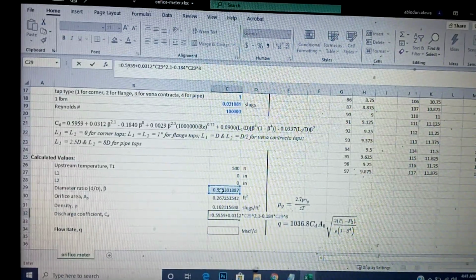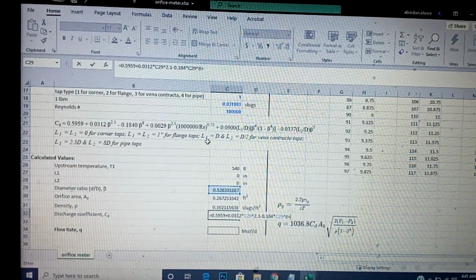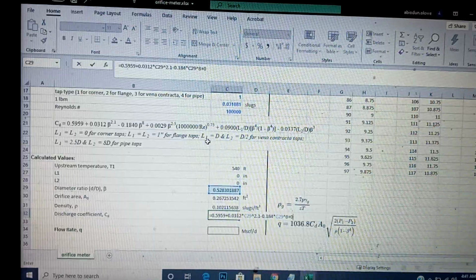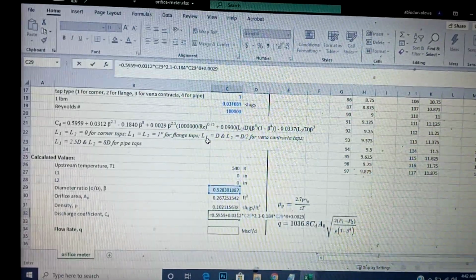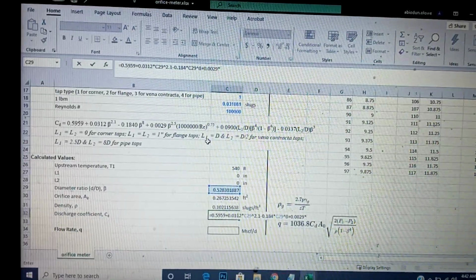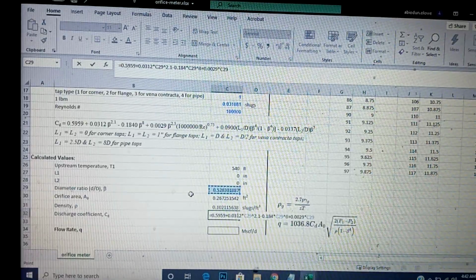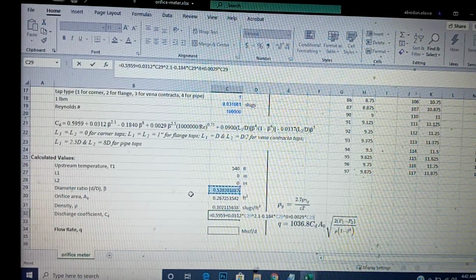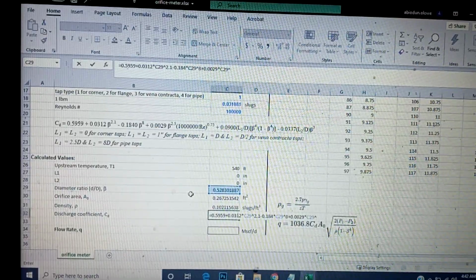Cap 8. Then plus 0.0029 multiplied by beta, I click on beta, cap 2.5.